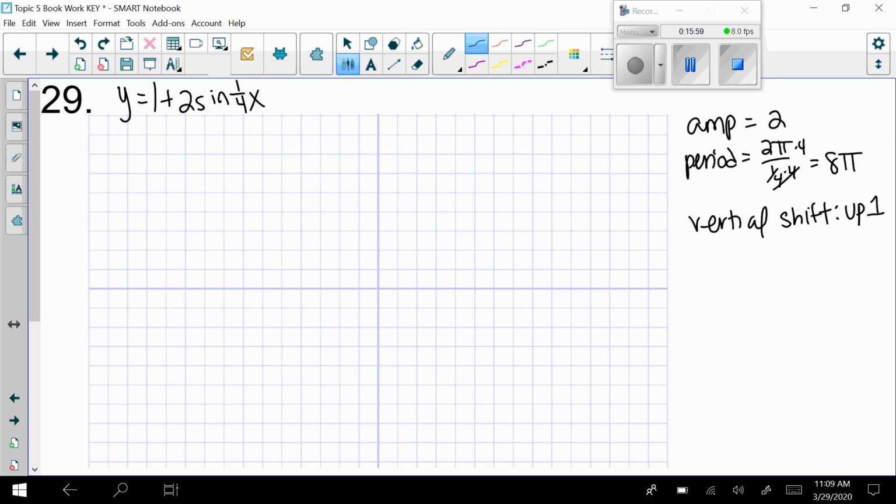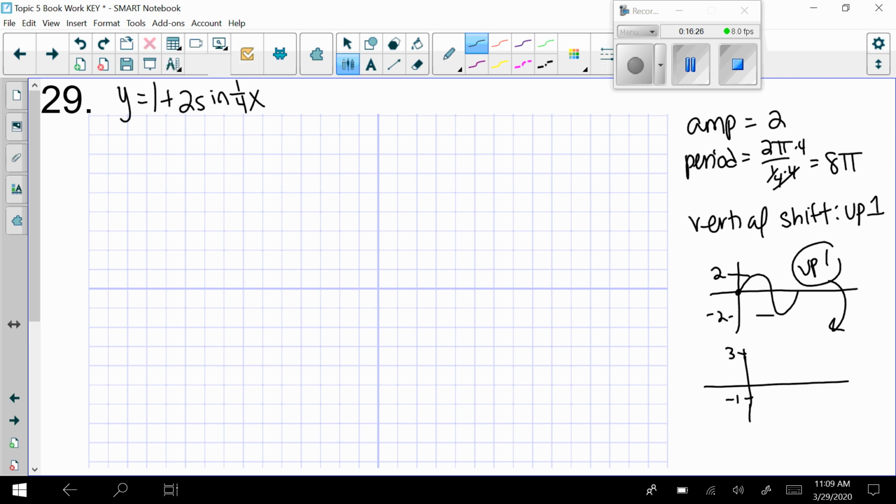Okay, so there's 29. So my normal sketch would look like this. And it is sine, we're going 2, -2 would be normal. But then we got to move this guy up 1. So now if I move it up 1, it's only going to go down to -1. And we're now going to be going up to 3.